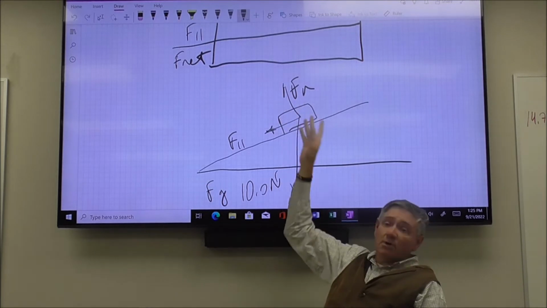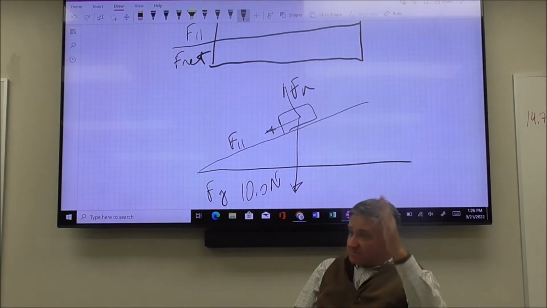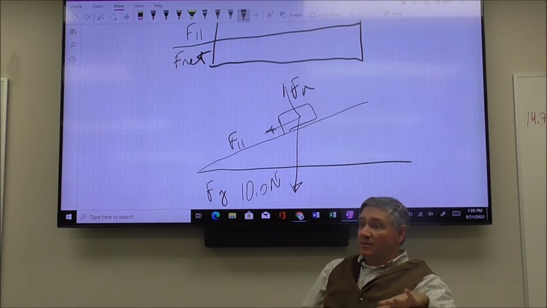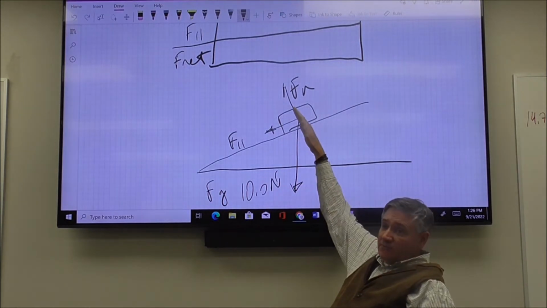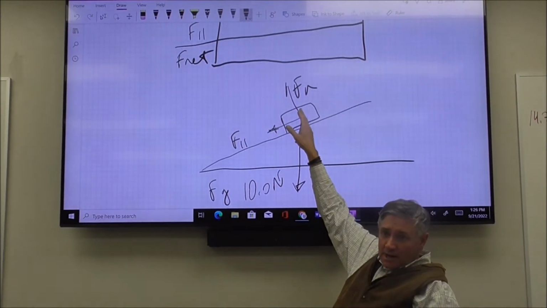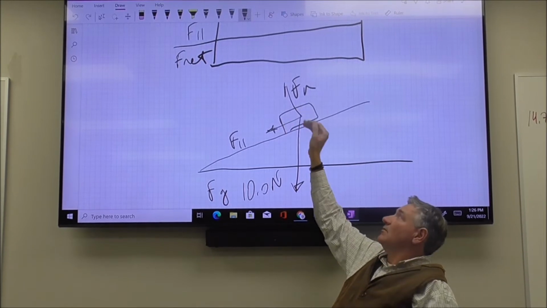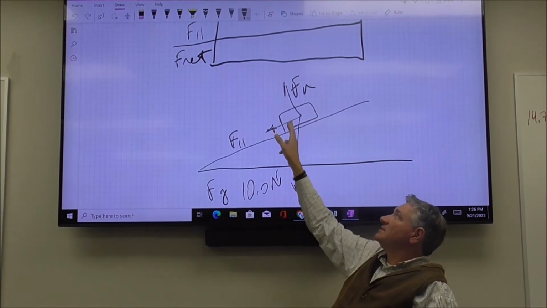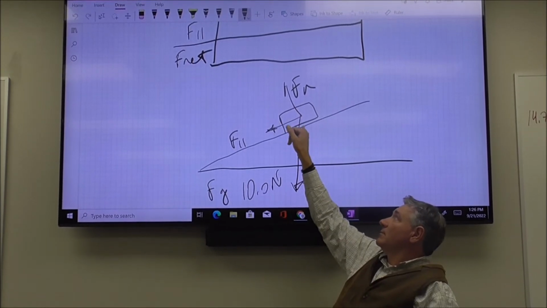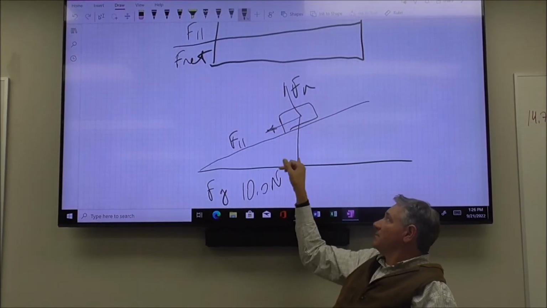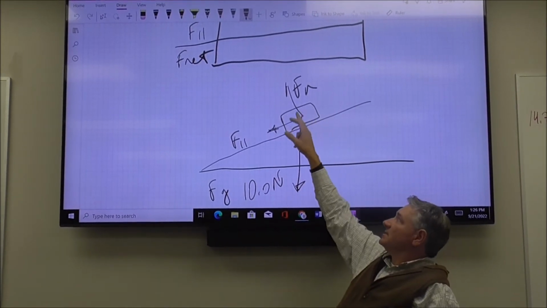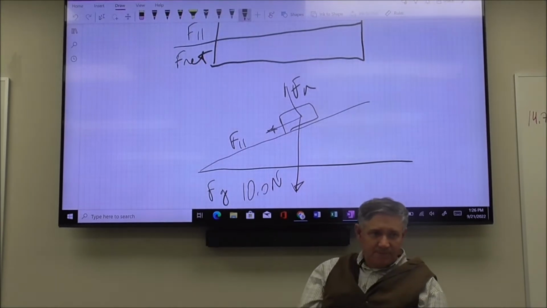You all were used to drawing your normal force straight up because you have been on flat surfaces up to this point. This one, you need to draw that force normal pointing out like this, so that it makes a right angle with the surface, and gravity is going to be acting straight down.